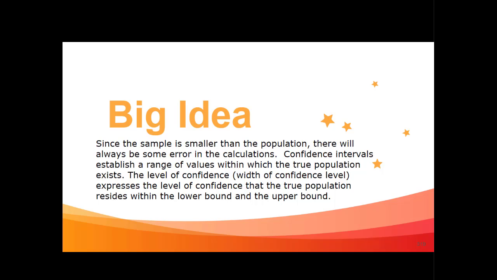As the level of confidence increases, the width of the interval increases. It becomes wider. This confidence level expresses how confident you are that the true population proportion is captured within the lower bound and the upper bound.